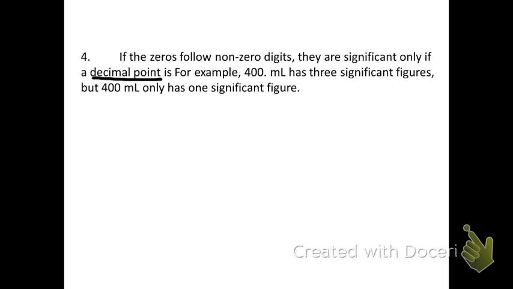So for instance, we have in our example 400. milliliters with a decimal point. These zeros come at the end of the number. They are only significant because there's a decimal point there. Therefore, we have 3 sig figs in this number.